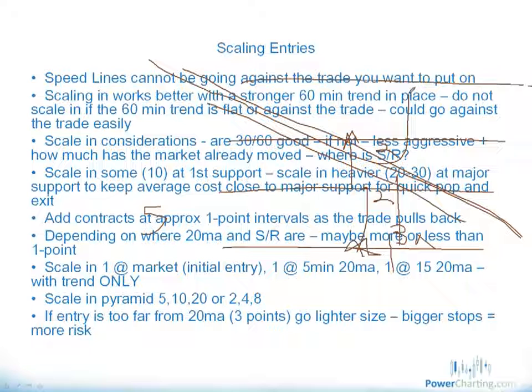But typically, depending on the nature of the trade, and how strong that hourly trend is, and how much I got off initially. In other words, if I realize I'm on the right side of the trade and I've got a really strong trend going here, then I may look to actually add on a pullback.